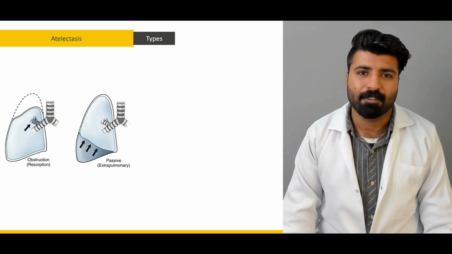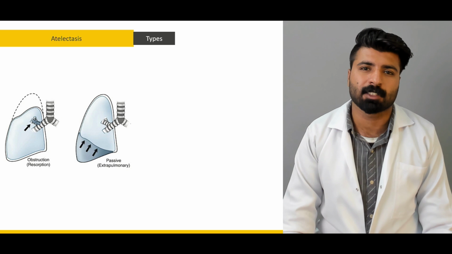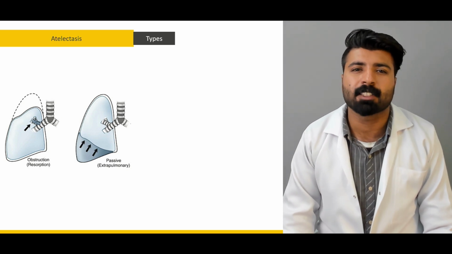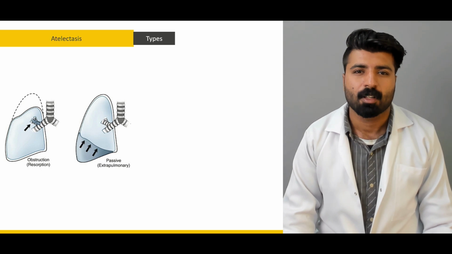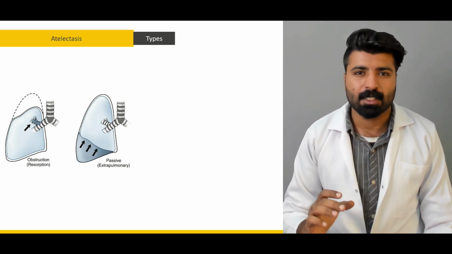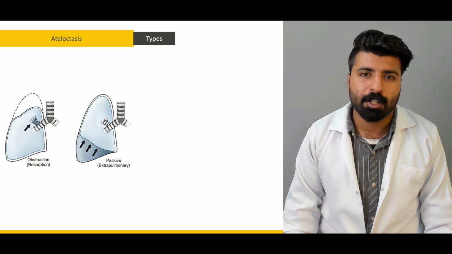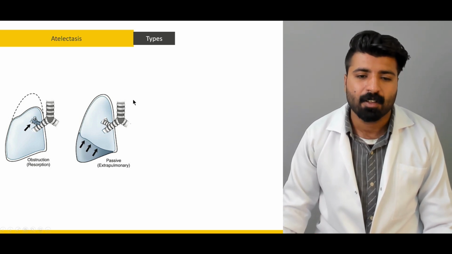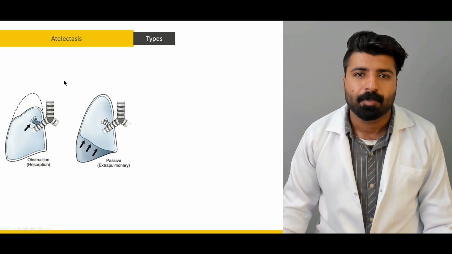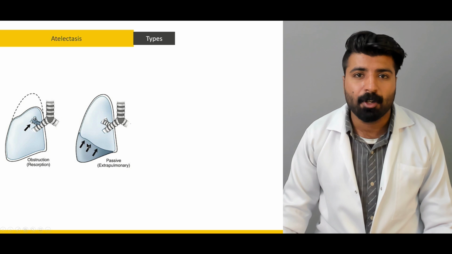Then comes the passive atelectasis. What do you think passive atelectasis means? Passive atelectasis means something is there which is pushing the lungs. The basic example of it is pleural effusion. Pleural effusion is a basic cause of passive atelectasis, and it can also happen in pneumothorax.